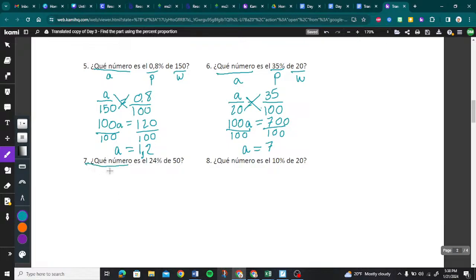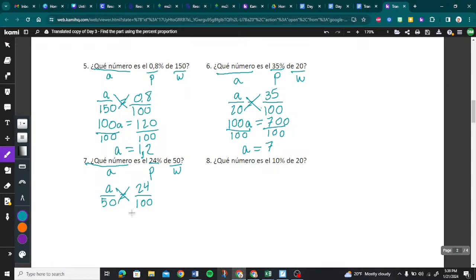Que numero es la part, 24 es la part, and then el percentage, and then this is 50 es el todo, so A over 50 es 24 over 100.